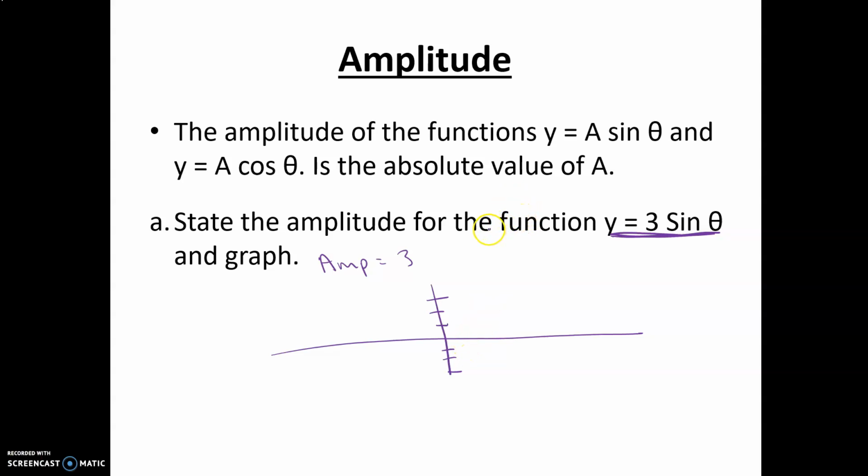Now my period still hasn't changed, so it's still going to be from 0 to 2 pi, and we're still going to have, oh, I did that wrong. Hang on.